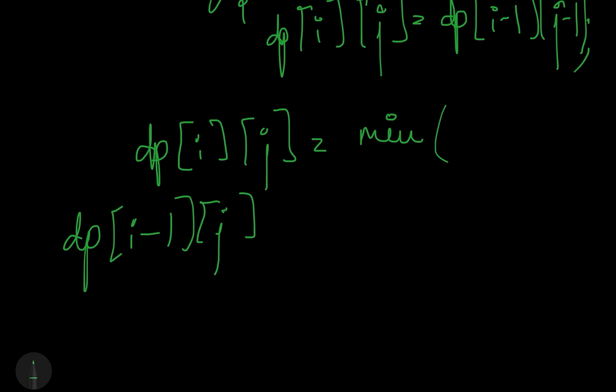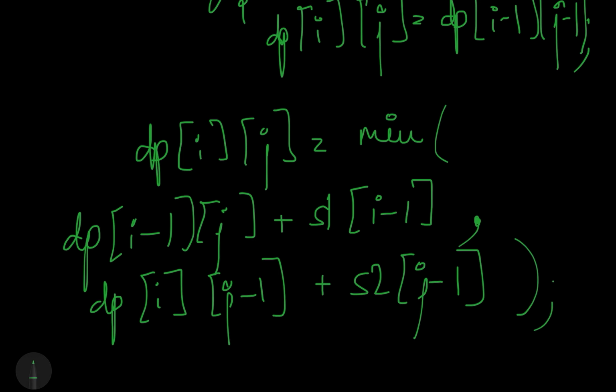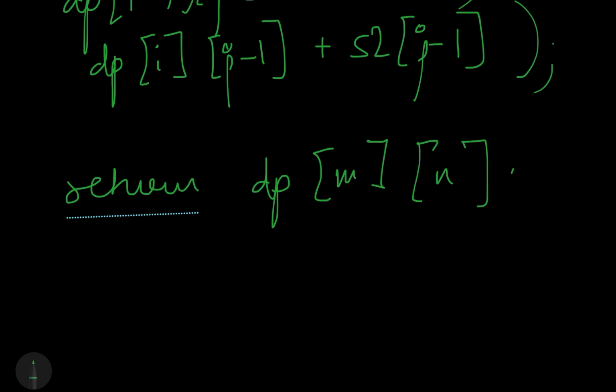That is, dp of i minus 1 and j plus s1 of i minus 1, if s1 has the least ASCII value character, and if s2 has, then we'll delete it from the s2 string. Like this. So we'll have our final answer in dp of m and n, hence we'll return it.